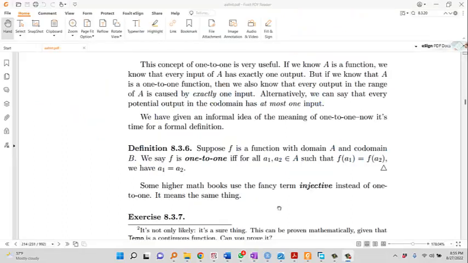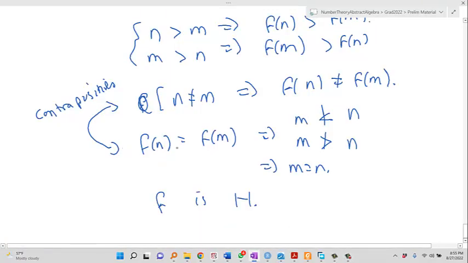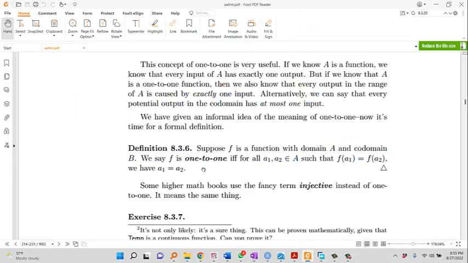Now I can refer these two definitions to you in the book. Definition 8.3.6 says f is one-to-one if for all a1 and a2 in A such that f of a1 equals f of a2, we have a1 equals a2. That's this way here: if f of n equals f of m, that implies m equals n.